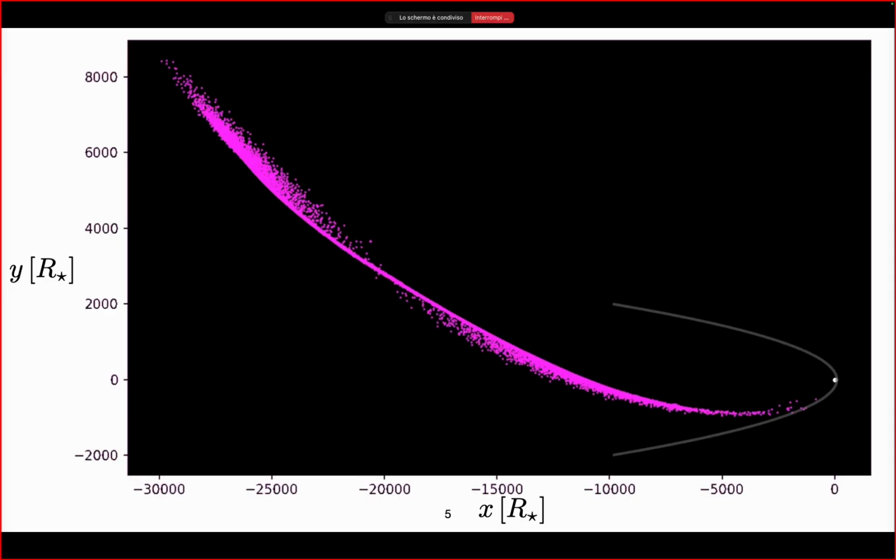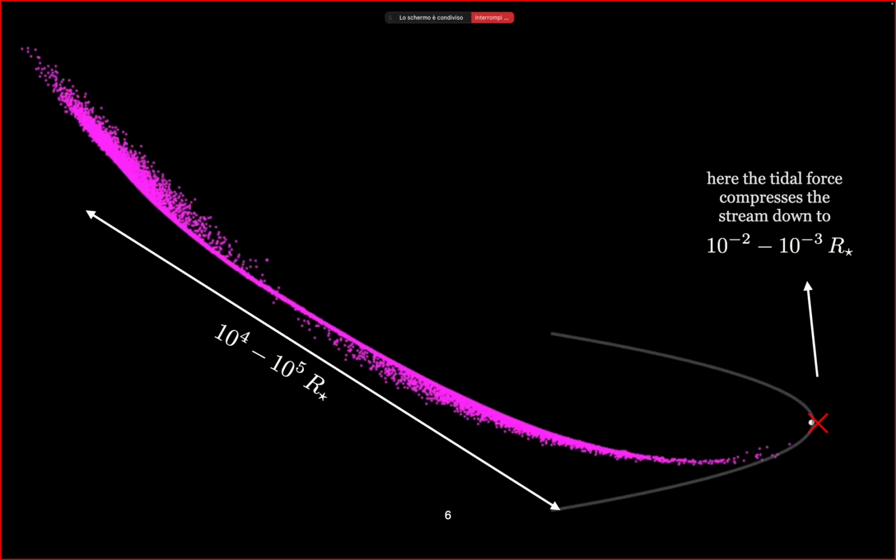Yeah. And so this is quite an extreme case. Meaning that in reality nowadays simulations can follow the return of the stream and see the vertical collapse. However, this problem will be there when the stream will reach the closest approach to the black hole.